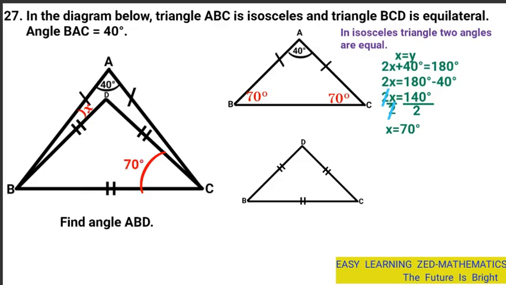Then again, the angle from line AB to line BC is also 70 degrees.